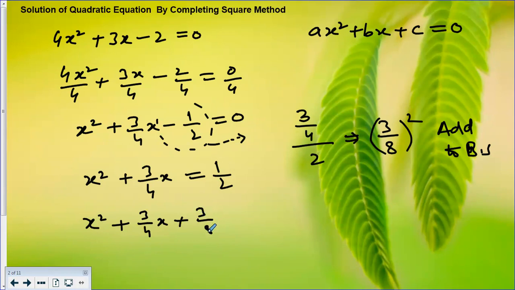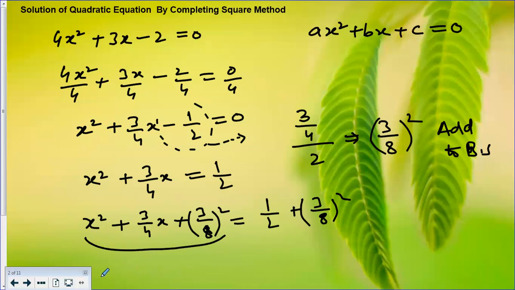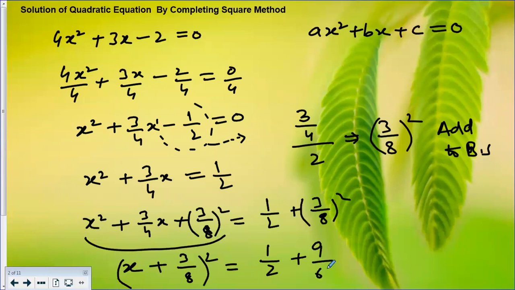When you add this term to both sides, the left hand side becomes a perfect square, so we write it as a plus b whole square. And the right hand side we simplify: 1 over 2 plus, we take the square of numerator and denominator, so 3 square is 9 and 8 square is 64.